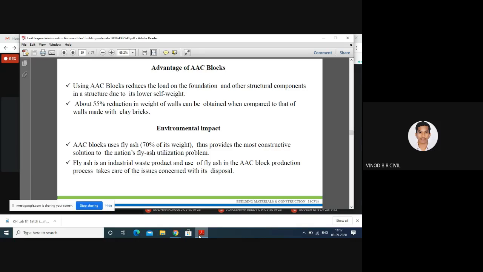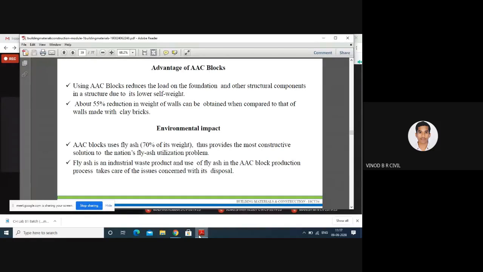As we know, fly ash is a waste material from thermal power plants. We can utilize the maximum amount of fly ash, especially in the civil engineering field, for the manufacturing of bricks and of cement. Like that, we can utilize fly ash in different manners.